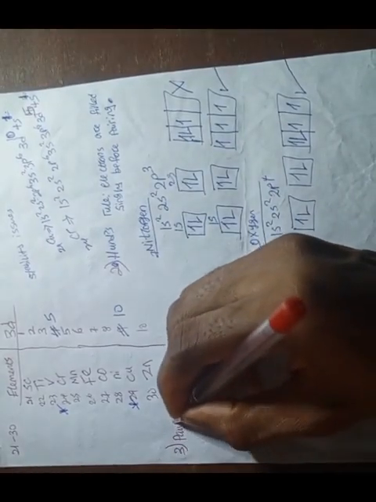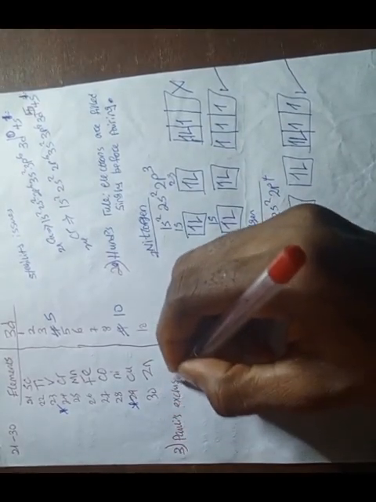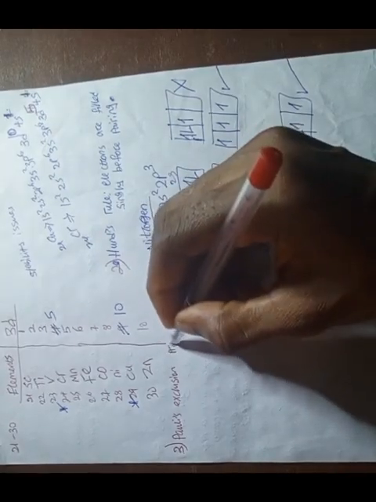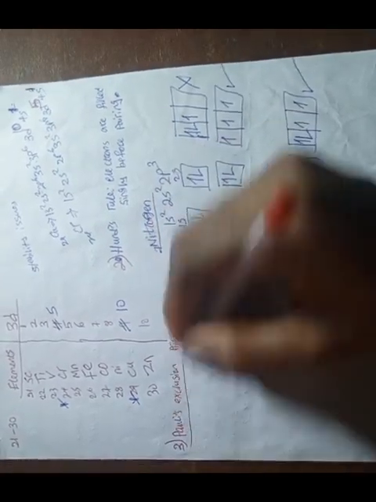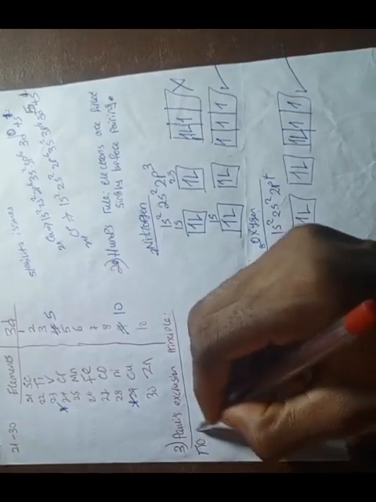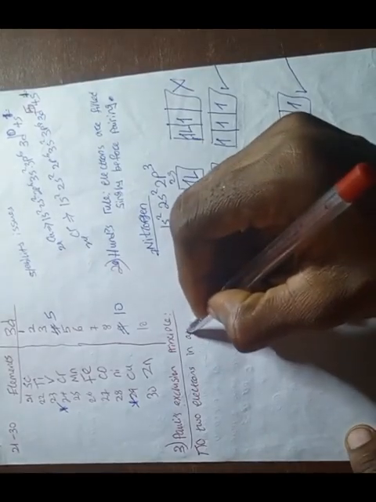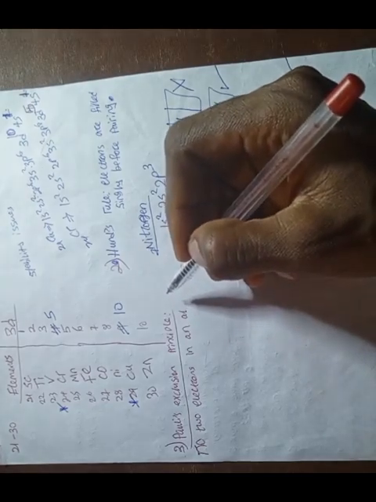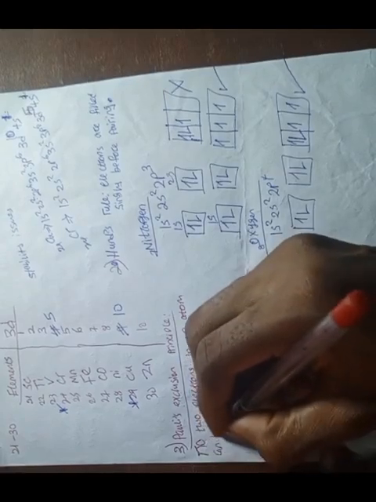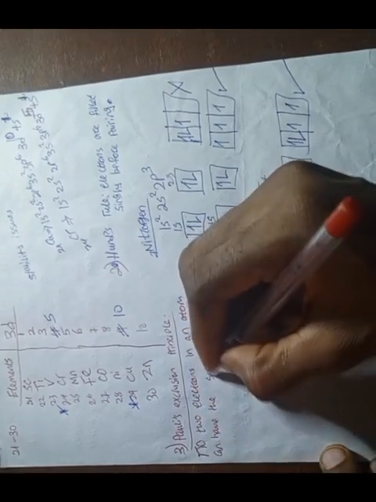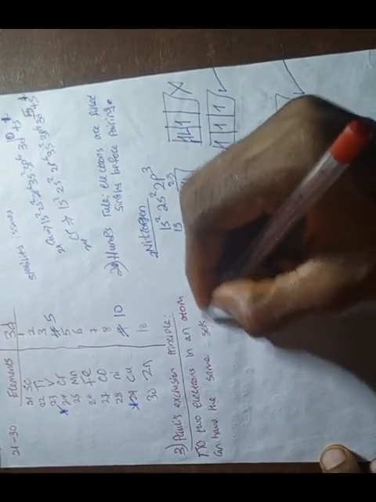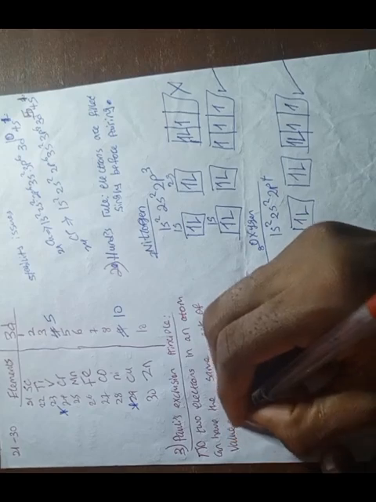Pauli's exclusion principle. And what does it say? It simply states that no two electrons in an atom can have the same set of values for the 4 quantum numbers.